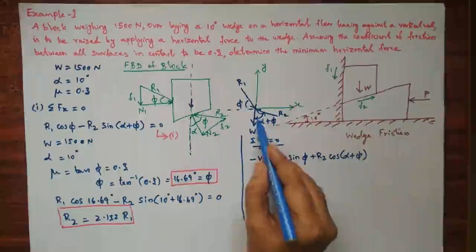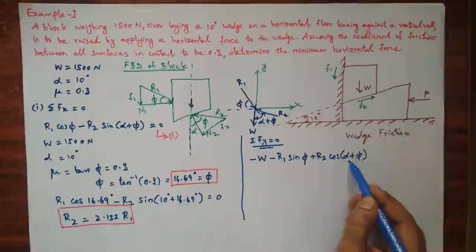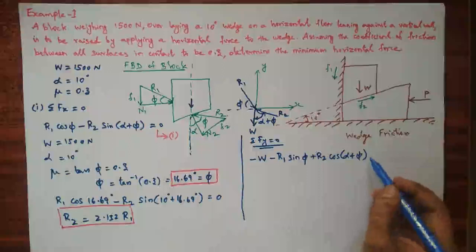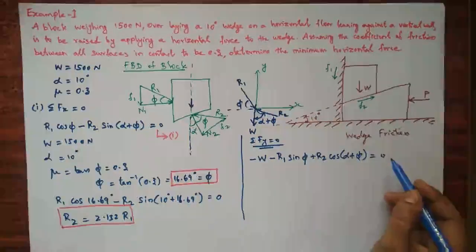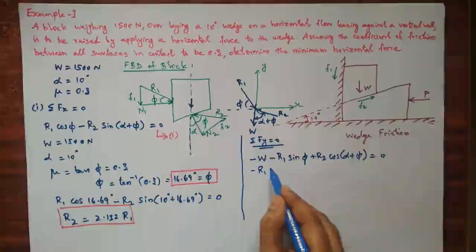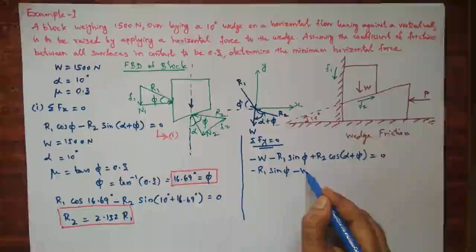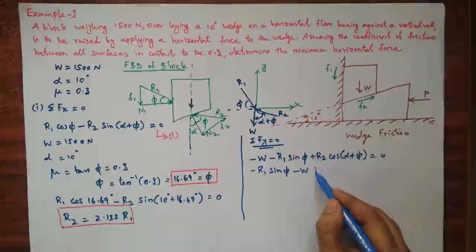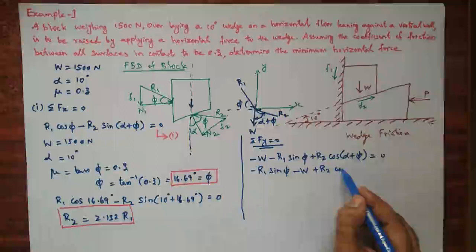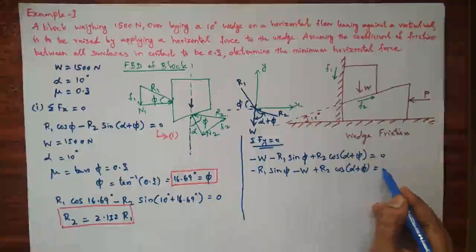Because the angle is with respect to the vertical, so I am substituting cos alpha plus phi, which is equal to 0. Now I am rewriting this equation: minus R1 sin phi minus W plus R2 cos alpha plus phi, equal to 0.